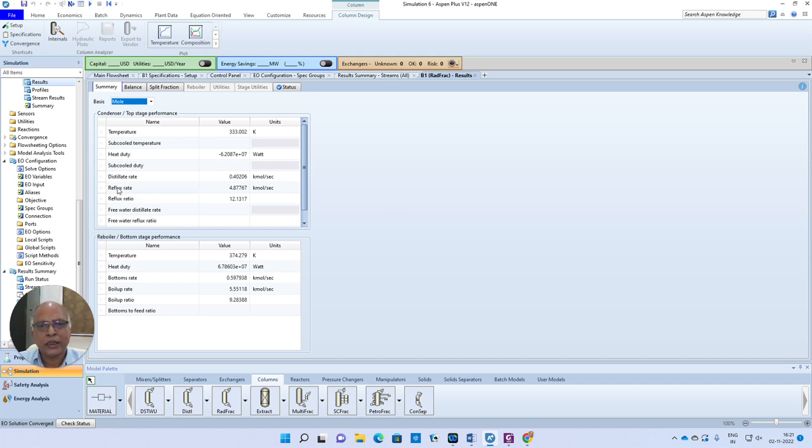Now you can see the reflux ratio earlier was found out to be, I don't remember, 3 point something, and the distillate rate we started with 0.3 but now it is 0.40206, and the combination of distillate rate and the reflux ratio is going to give you the required purities. Remember, the distillate rate and reflux ratio also may be dependent on each other, so it has to come out with a proper set of values for these two variables in order to get to your required purity.